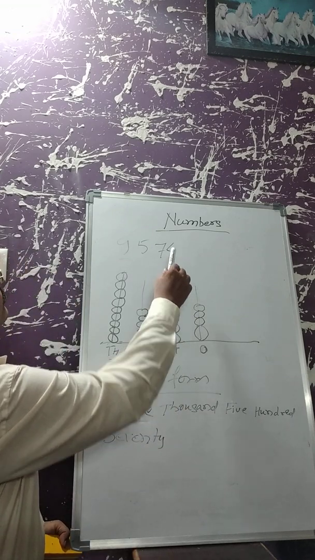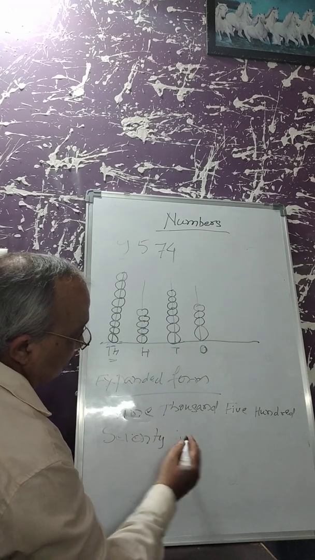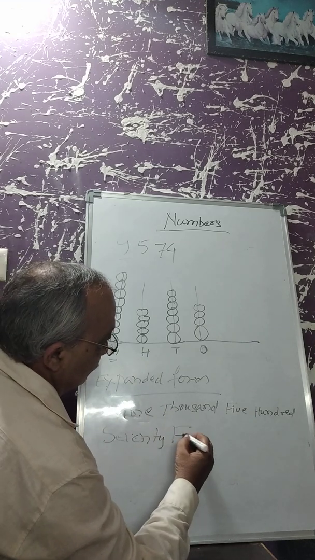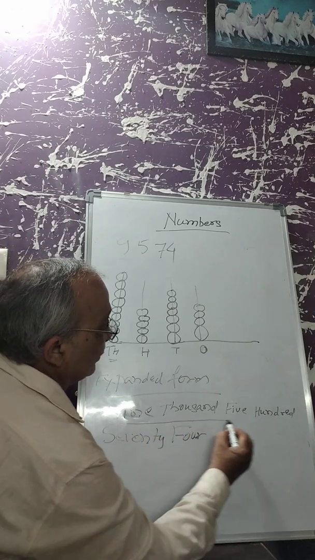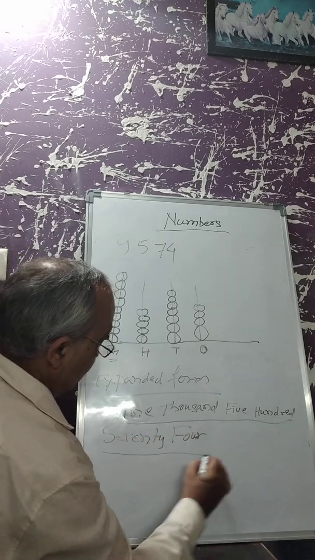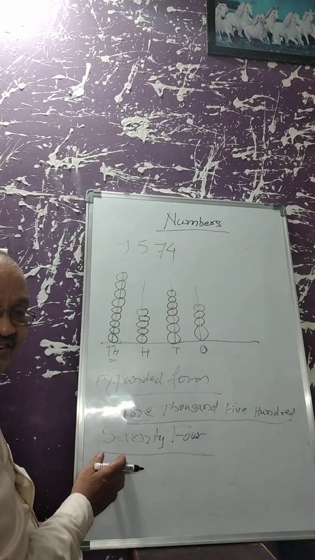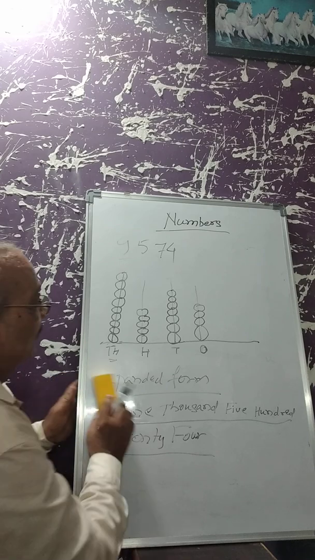And the next figure at the place of ones is 4. So just mention 4. So the expanded form will be 9000 + 500 + 70 + 4 for 9574. Children, this is the expanded form.